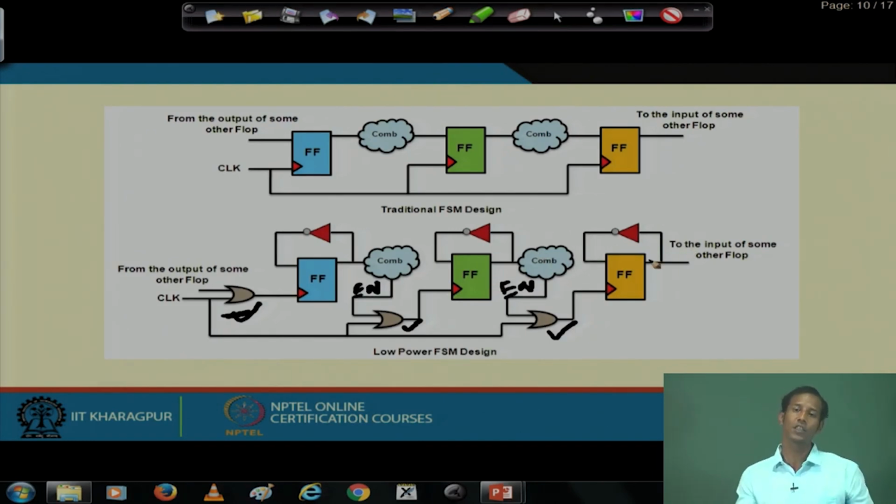Okay. So, the architecture is modified with respect to power consumption. In the previous example the circuit was implemented with speed as the constraint, while in this case this architecture has been developed with power as the major constraint.